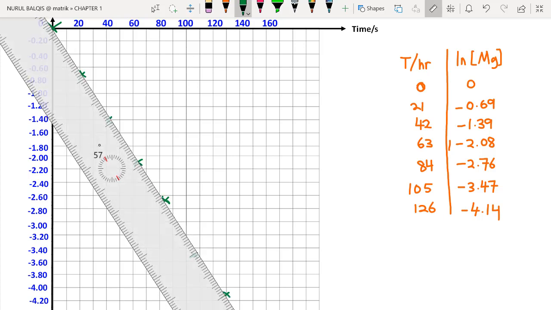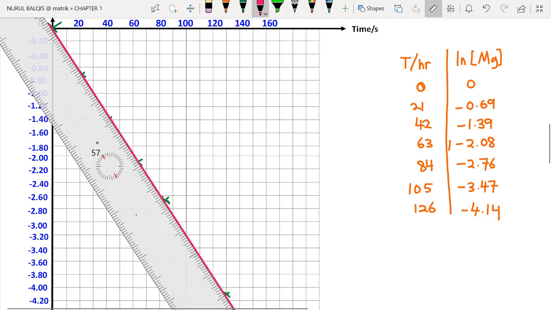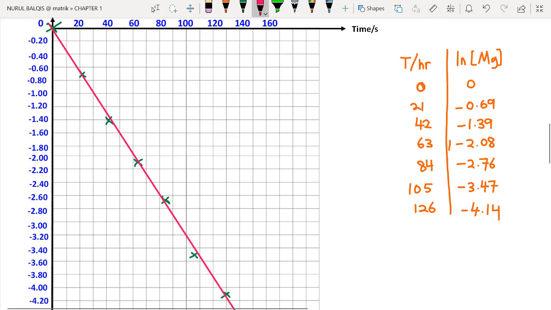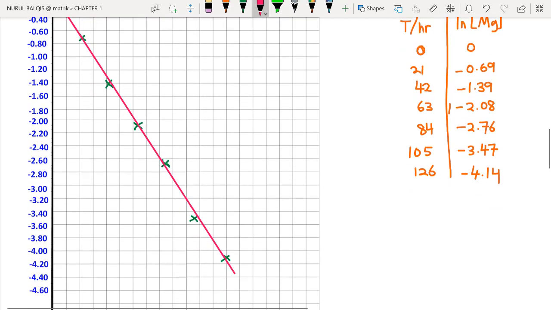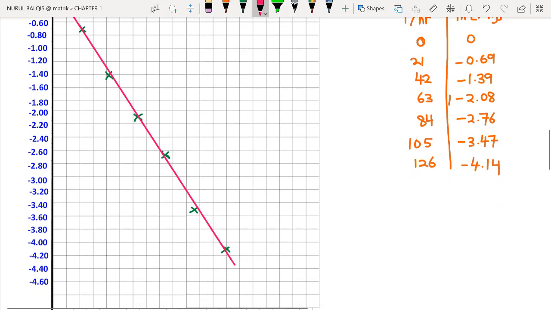Well done, we got nearly a perfect line, with a balance of points on both sides. Okay, yay, we got a straight line with most of the points. Good, so this is our straight line graph.